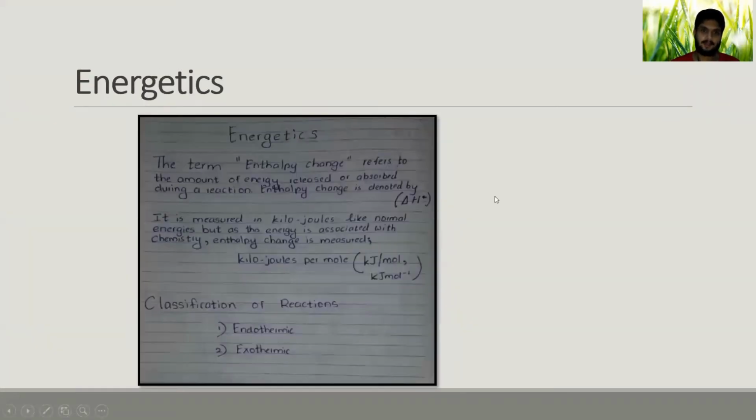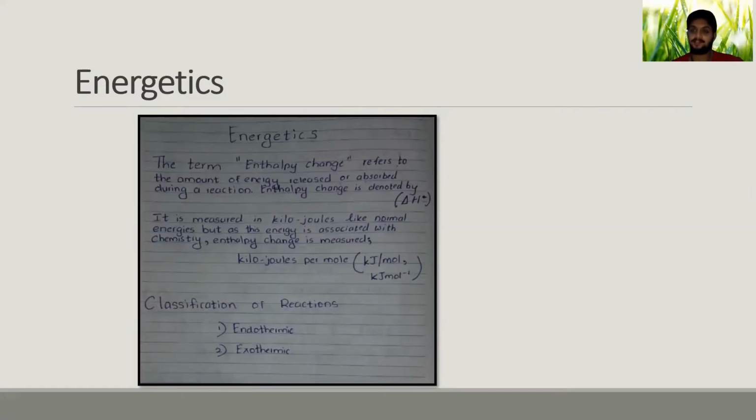All right. The first part: in this lesson called energetics, energetics is the term used for energy. But when it comes to chemistry, we just advance the term energy a bit, and we call it enthalpy change.